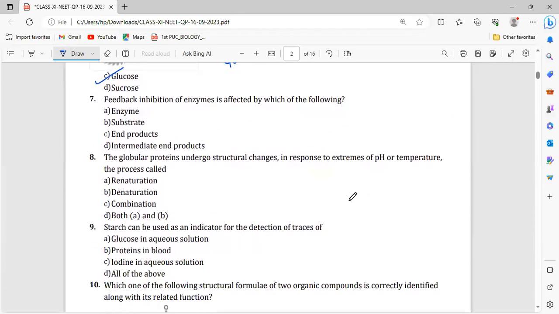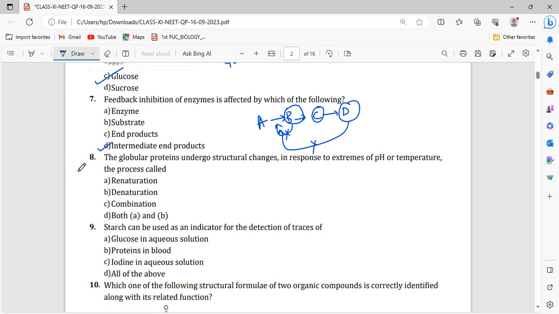Then seventh one, feedback inhibition of enzyme is affected by which of the following? Feedback inhibition means that in a step by step reaction, the end product or the intermediates will inhibit the action. So the reaction will be inhibited. So the answer will be option D.